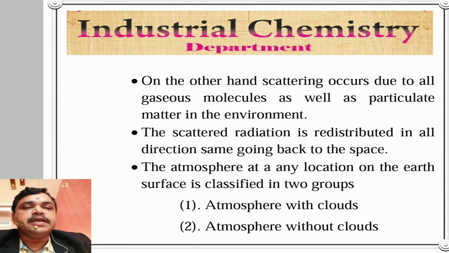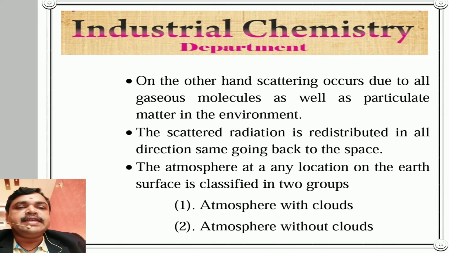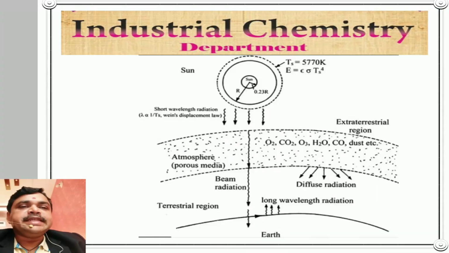The atmosphere at any location on the Earth's surface is classified into two groups. Number one is atmosphere with clouds, and number two is atmosphere without clouds. This is the structure of the atmosphere. We show here in the figure the sun radiating its radiation.